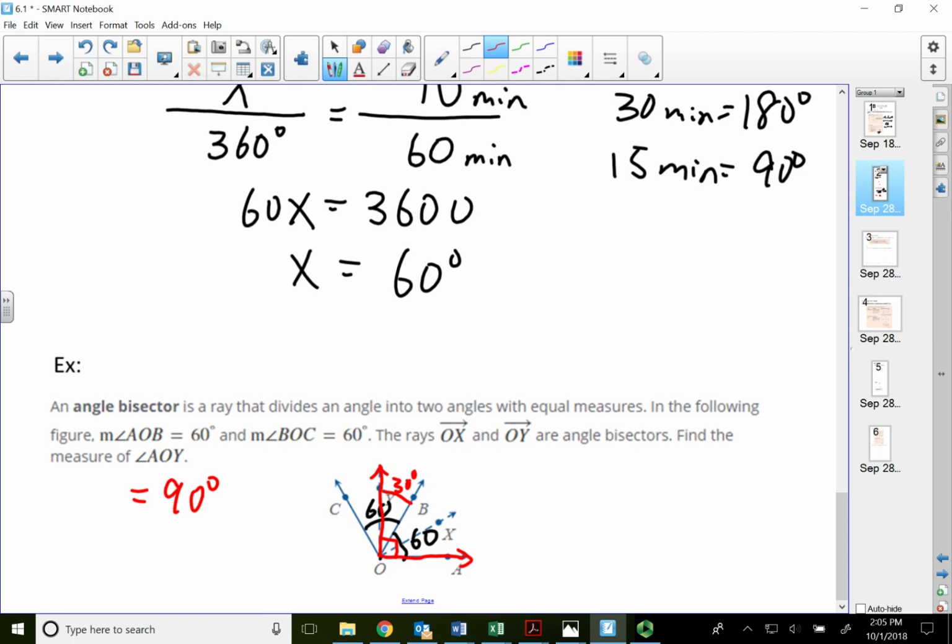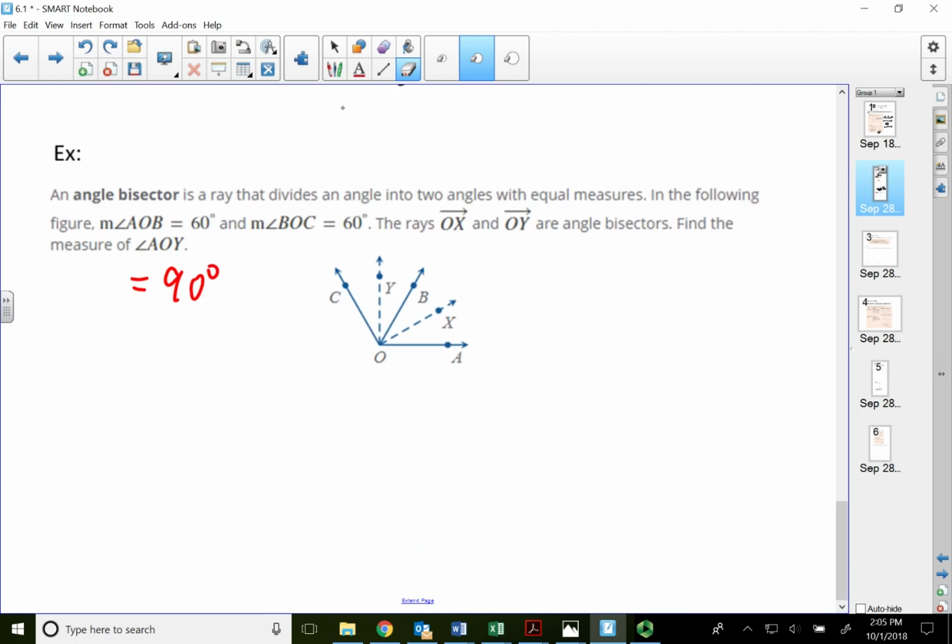The problem can also ask you to find angle XOC. If I need to do that, let me just remove this. Pretend the problem wants me to find XOC, from here all the way up there.